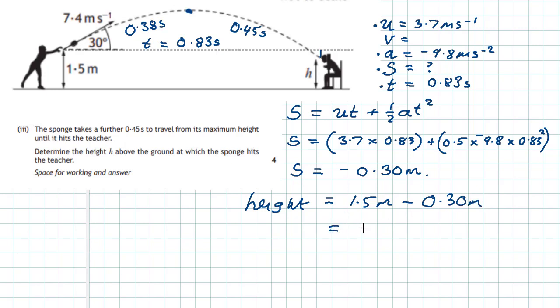So that height is 1.2 metres above the ground. If you look at the diagram, you can see this distance here is going to be 1.5 metres. The sponge has come down a distance of 0.30 metres, which leaves a distance from here to there, which is the height above the ground, of 1.2 metres.